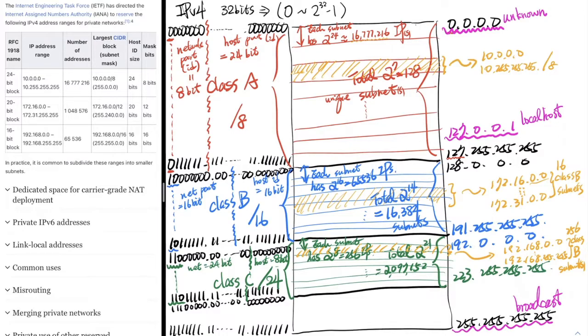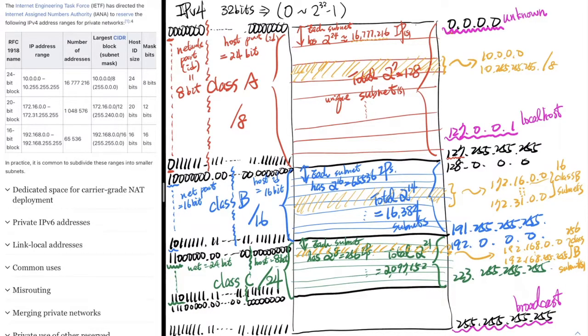Okay, that means you don't know your destination IP address. You want to send something in your network, but you don't know exactly what IP address is used by your destination. You can simply use 255.255.255.255.